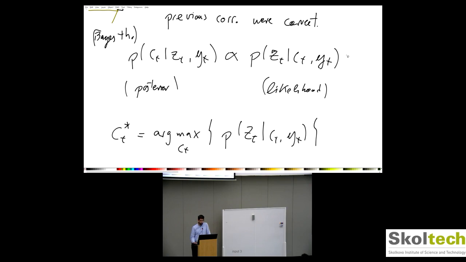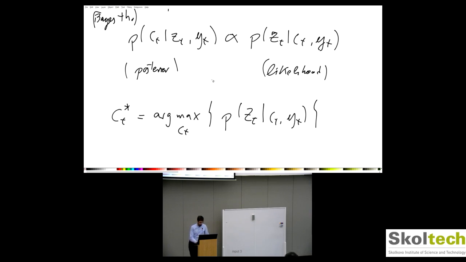Well, the prior is going to be a variable that doesn't depend on C. So you do Bayes on this. If you want, let me write it behind or here. So let's do this.